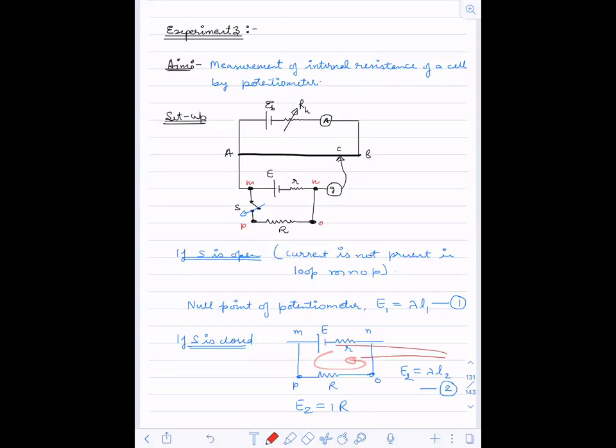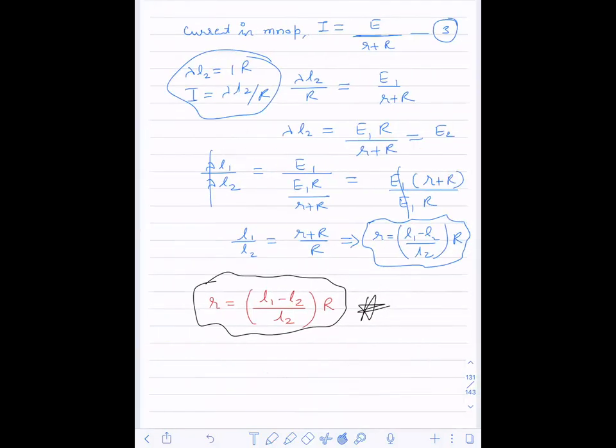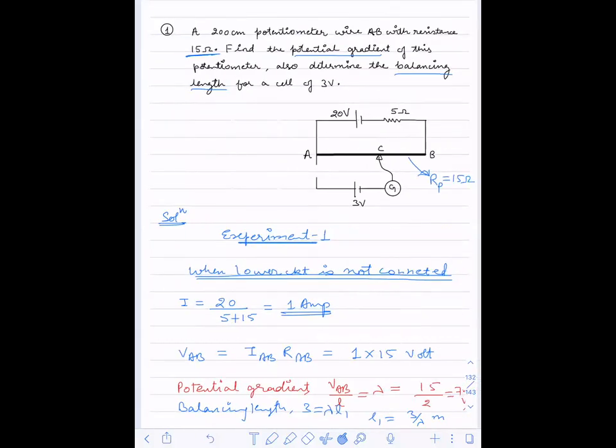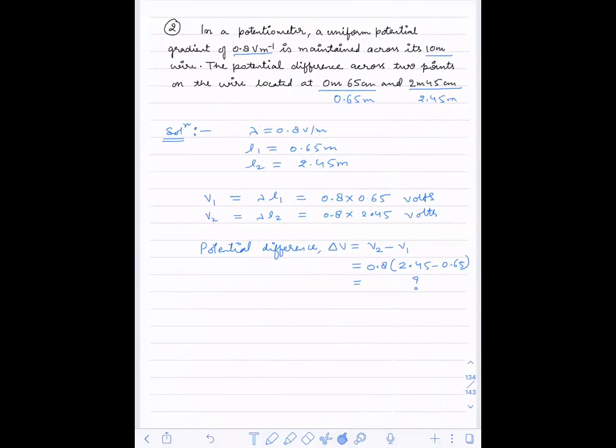This is the next slide. This is the next slide. Third slide. Fourth slide.